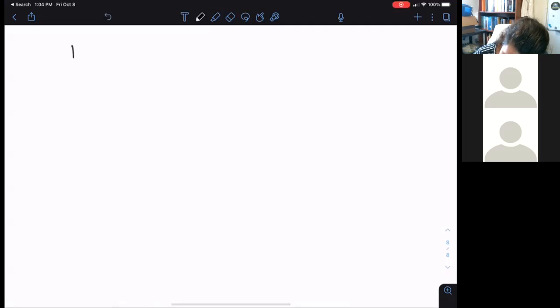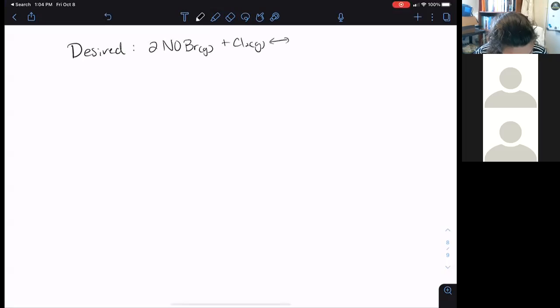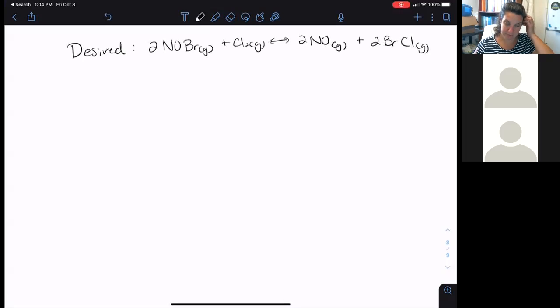So it's our desired reaction. So this is our desired equation, and this is what we're given.